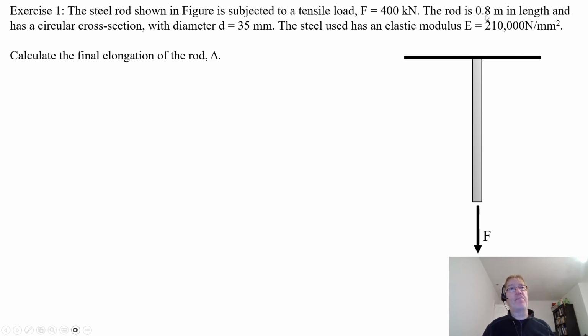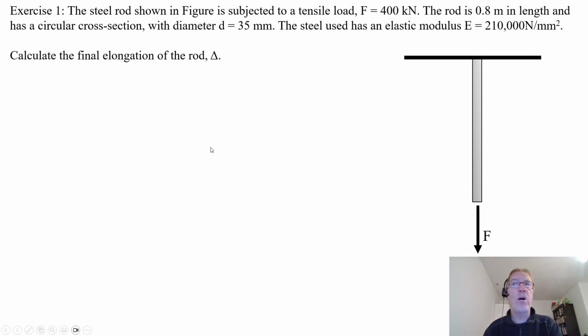The rod is 800 millimeters in length and has a circular cross section with a diameter of D equals 35 millimeters. The steel used has a modulus of elasticity of 210,000 newtons per millimeter square. Now, your task is to calculate the final elongation, or the delta, of the rod.